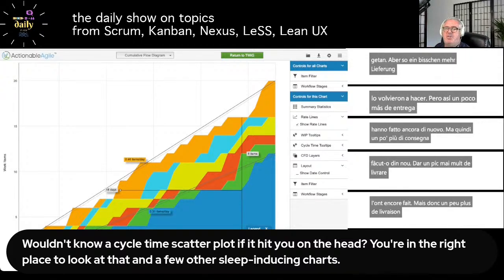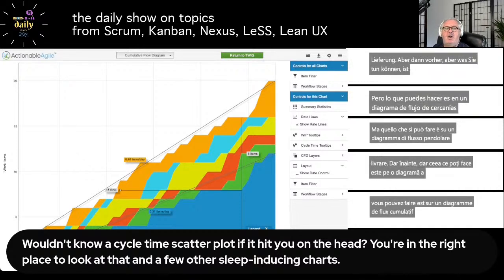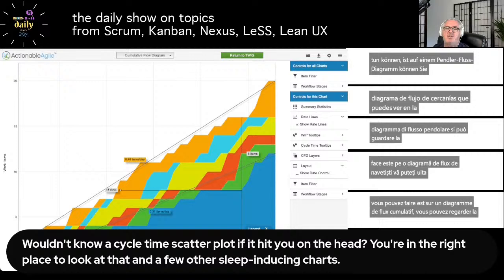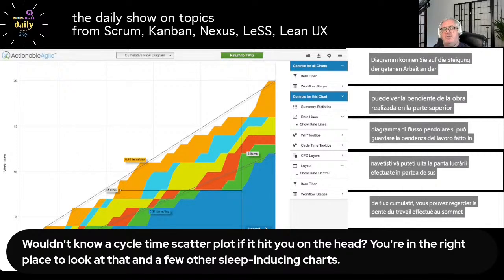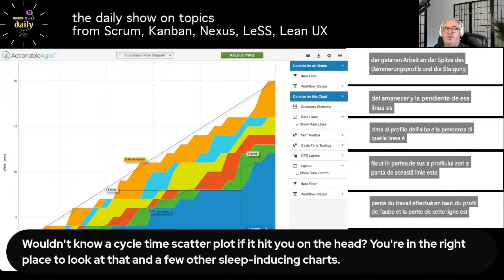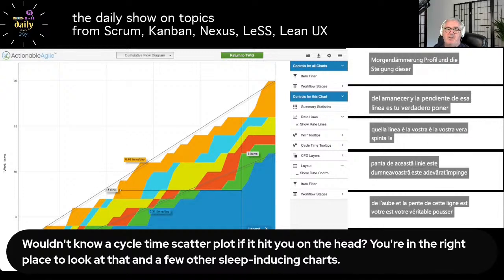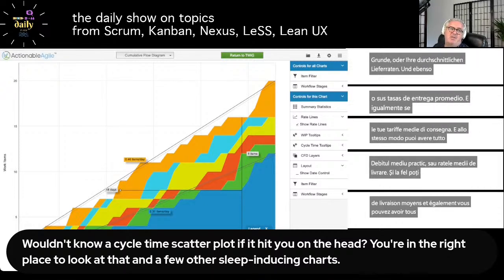But what you can do on a cumulative flow diagram is look at the slope of the done work, the top of the done profile, and the slope of that line is your average throughput, or your average delivery rate. And equally, you can have all the different states in between, all the in progress states.